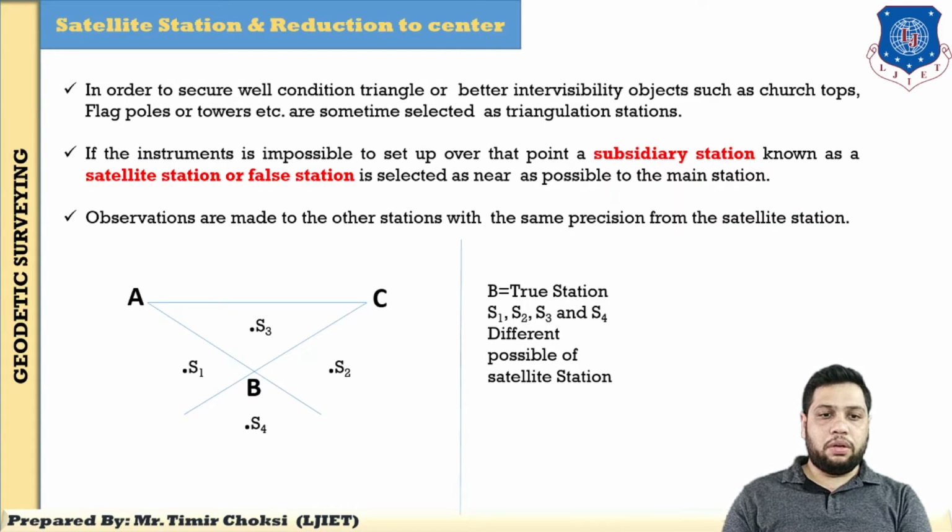Students, our main goal is to find the angle ABC, but here you cannot put the instrument over B because these are objects like a church top, flagpoles or towers.